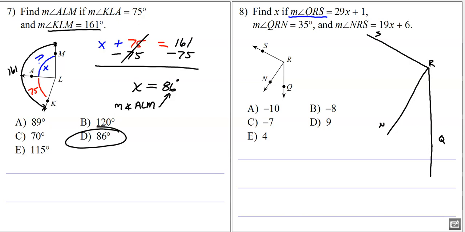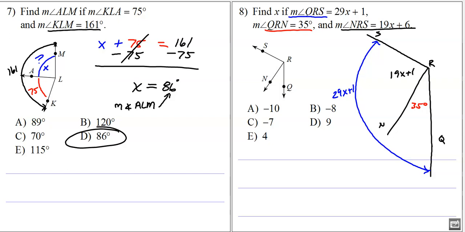QRS flows all the way from here, all the way over there. That big dog there is 29x plus 1. And QRN is 35. That's this little fellow right here, QRN. And then NRS is 19x plus 6. So that's right here, 19x plus 6.